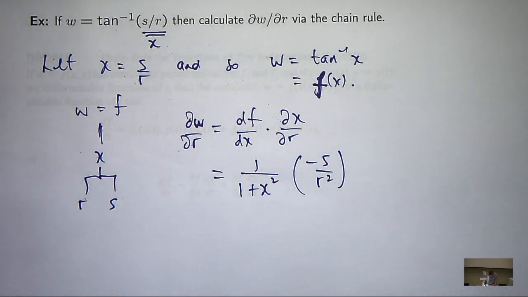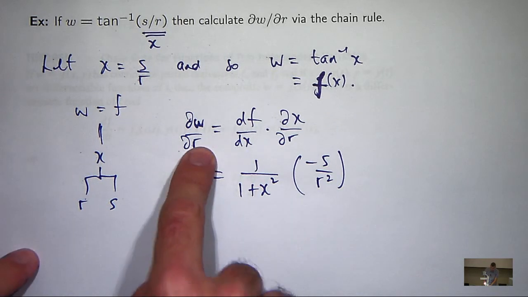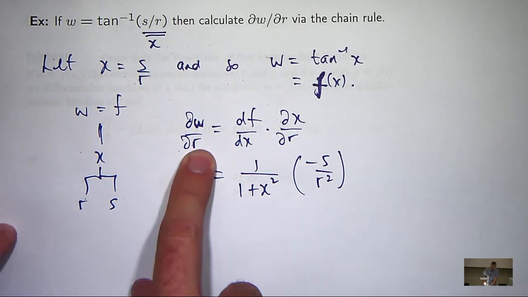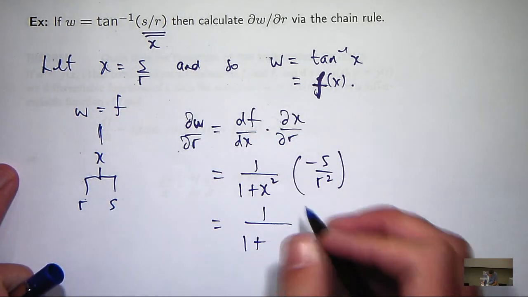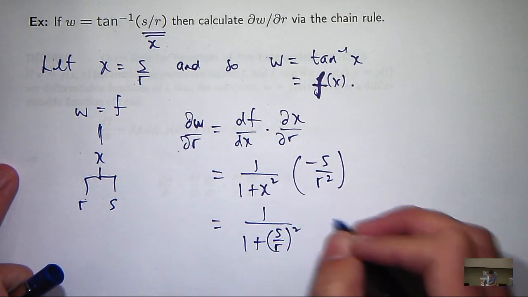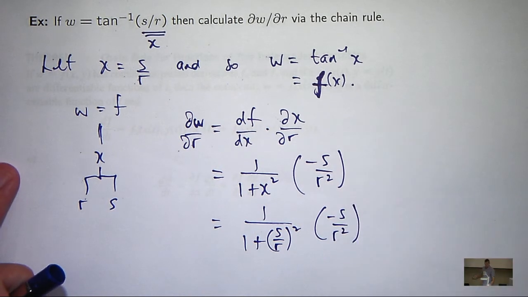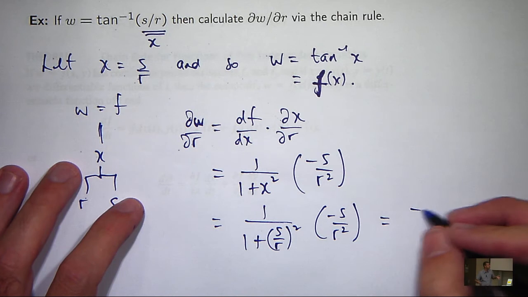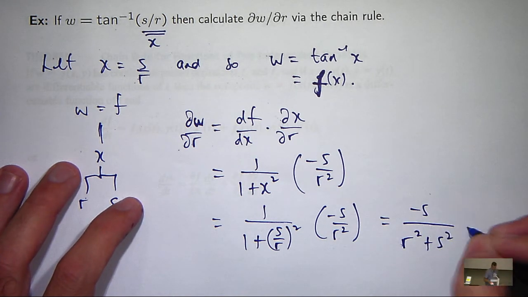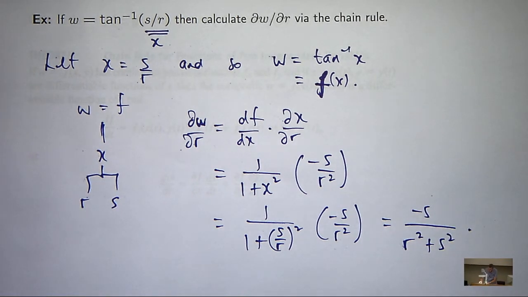And then all I need to do is simplify this, and you can get down to the following. All right, just a little bit of algebra. So that's a pretty standard example, something you might see on a class test. Fairly straightforward. So that's one of the simplest kinds of chain rules that you'll come across.